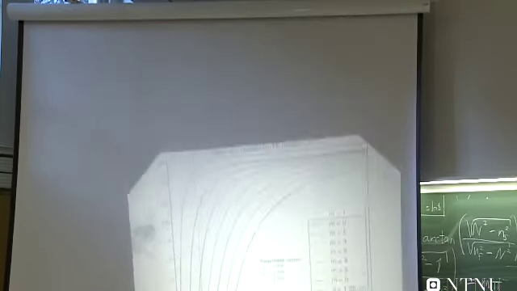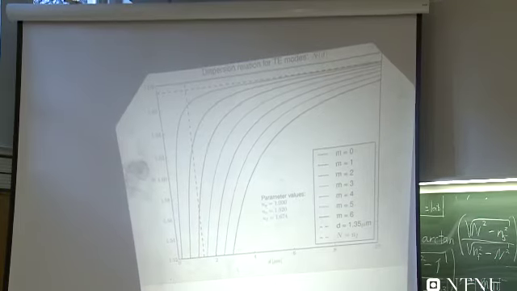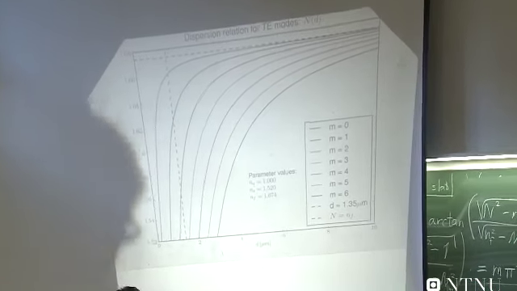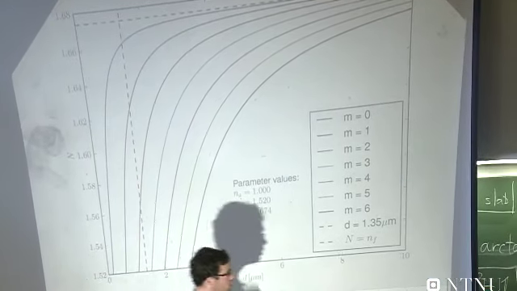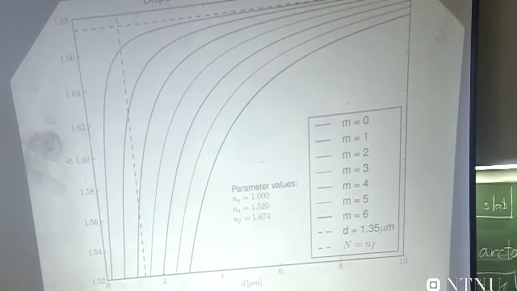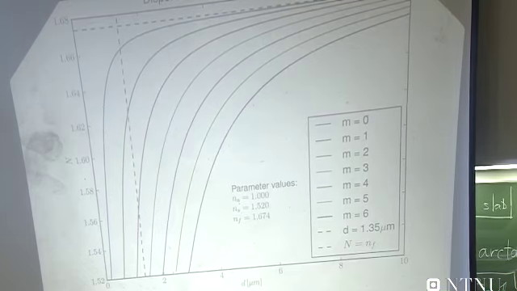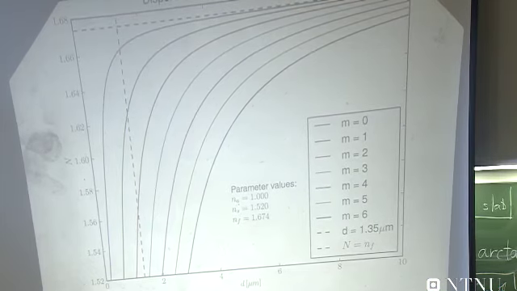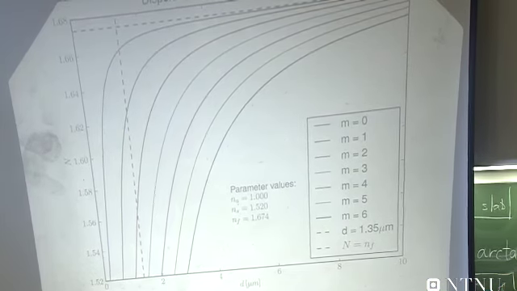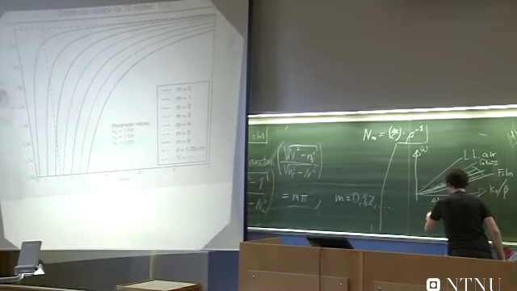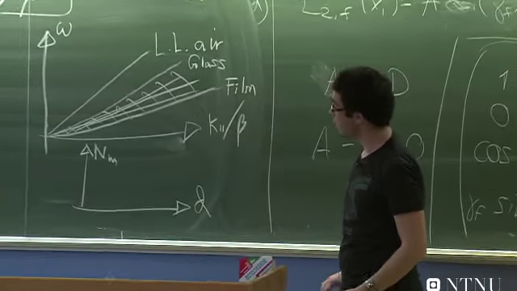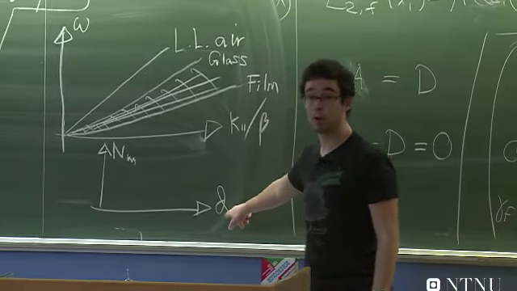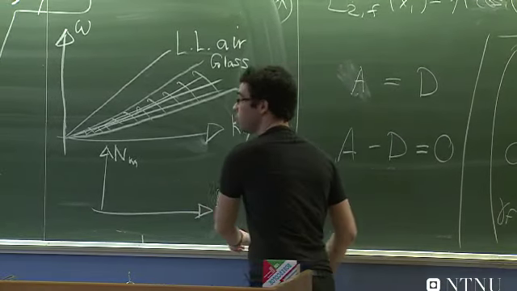What I plotted here on the y-axis is Nm versus the thickness of the film d. In fact, that's most easily done by plotting d as a function of Nm, but that's a different story.